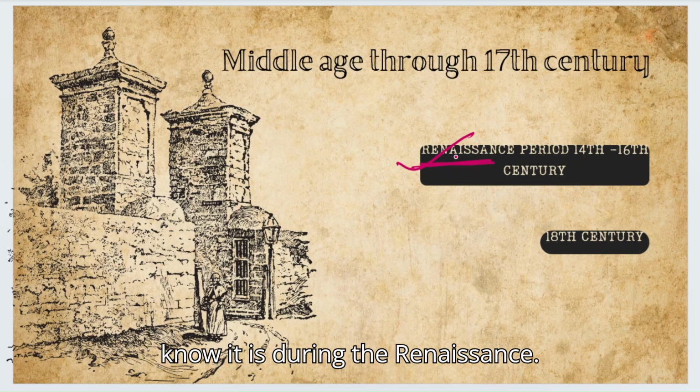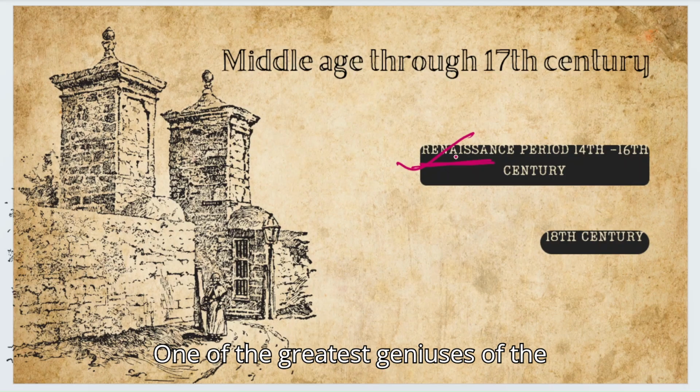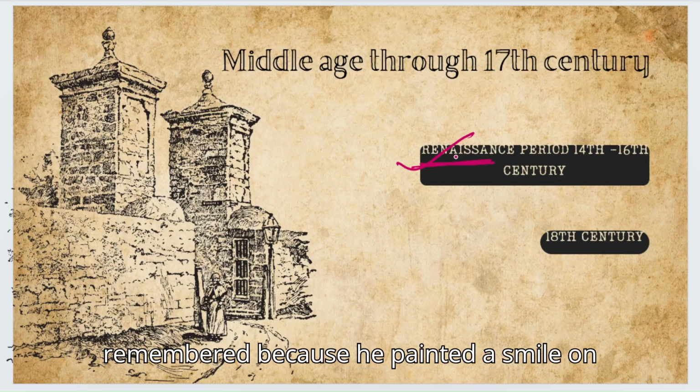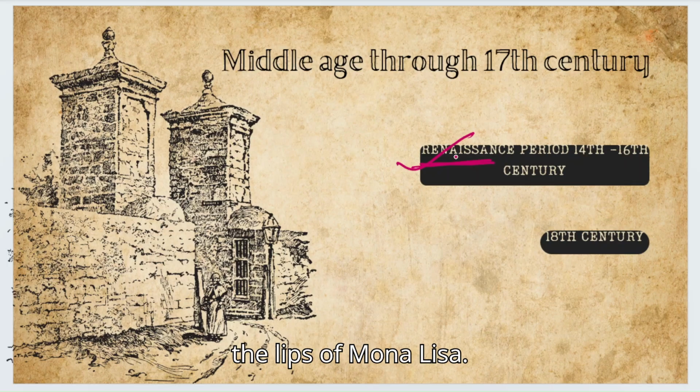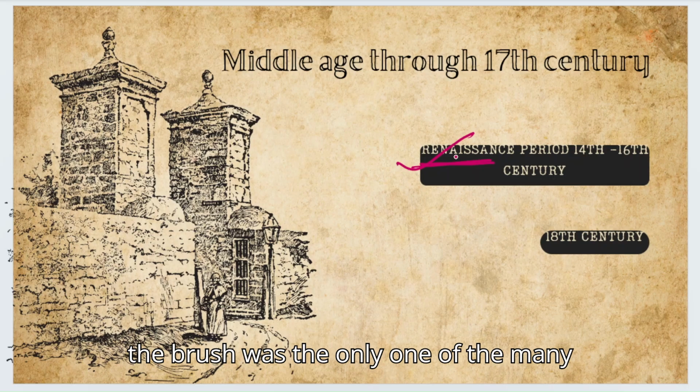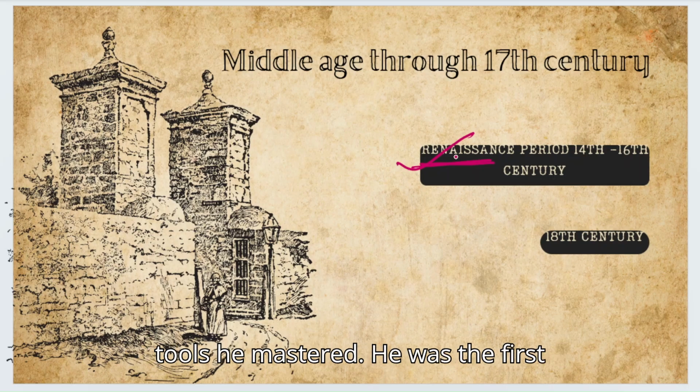We already know it is during the Renaissance, one of the greatest geniuses of history was there. That was Leonardo da Vinci. Okay, he is remembered because he painted a smile on the lips of Mona Lisa. Her smile remains most provocative, yet the brush was the only one of the many tools he mastered.